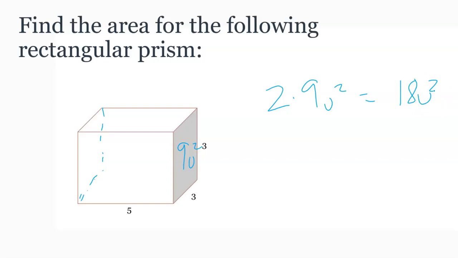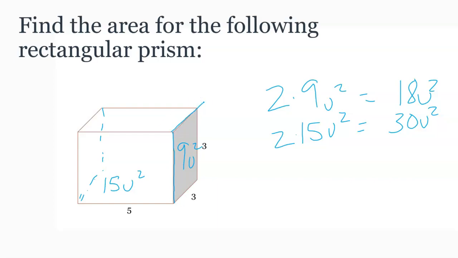What is the front? The front here, the height is 3 because it's 3 in the back. So we've got 3 times 5 is 15 units squared. And again, if the front is 15 units squared, what is the back? 15 units squared. So 2 times 15, 30 units squared. Now we just have to do the top and the bottom.